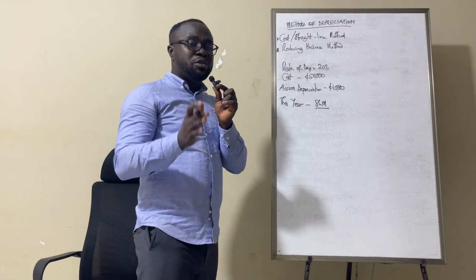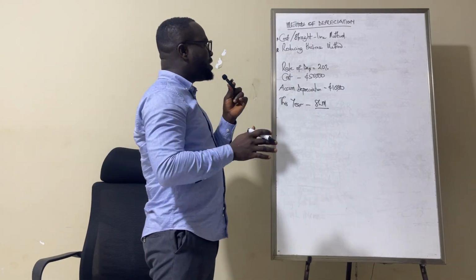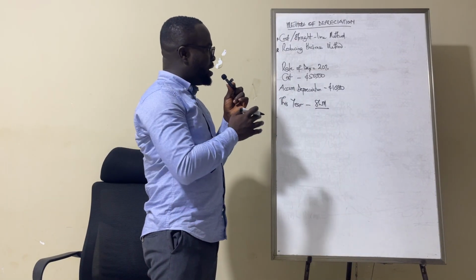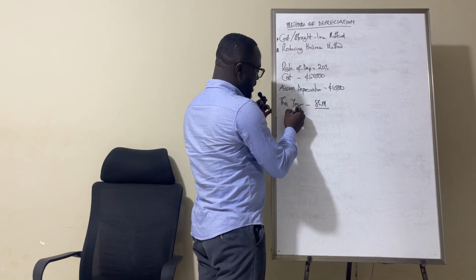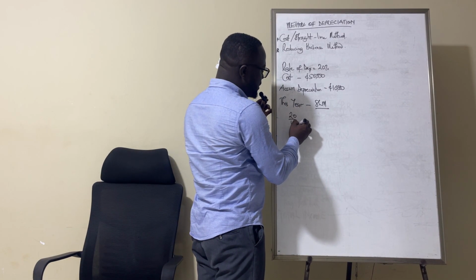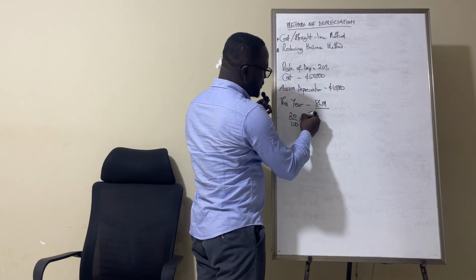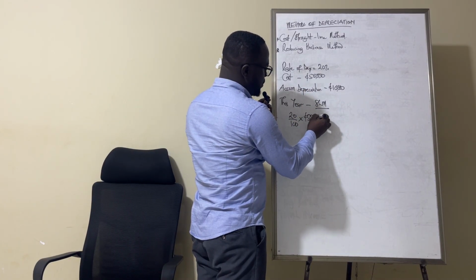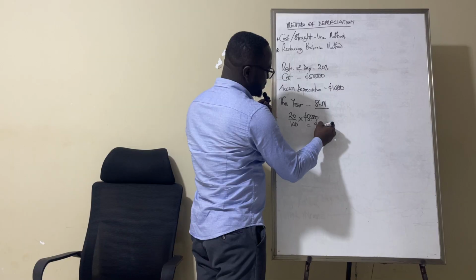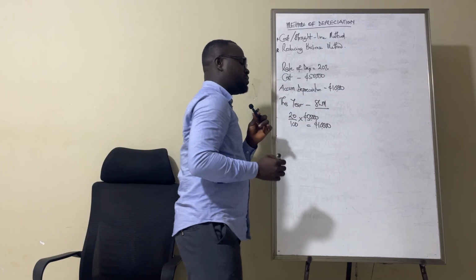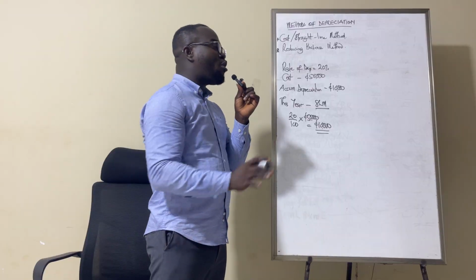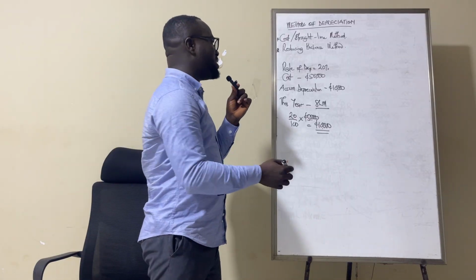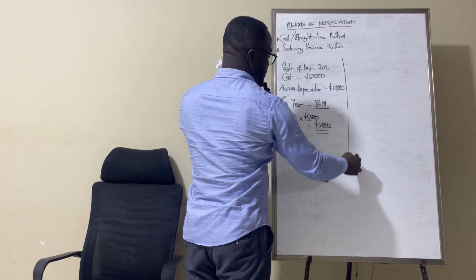So for you to compute depreciation under straight line method of depreciation, you just apply the rate of depreciation, that is 20 over 100, straight on the cost. The cost is 50,000, which will give us how much? 10,000. You see how we do for the straight line. Straight line, or is on cost. Just apply the rate of depreciation on the cost.